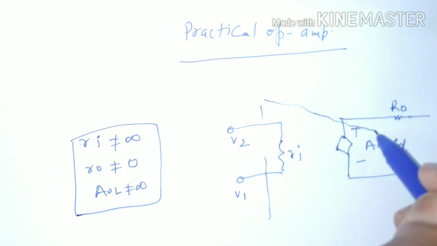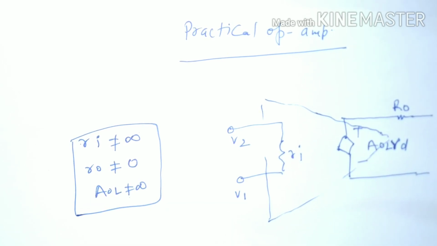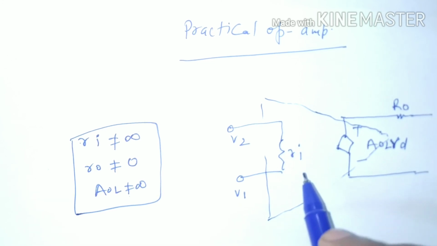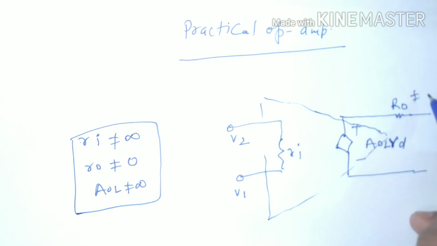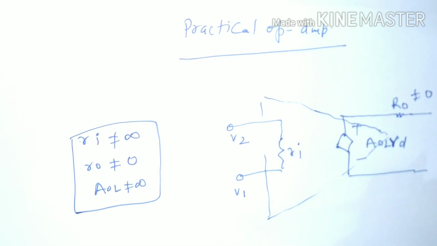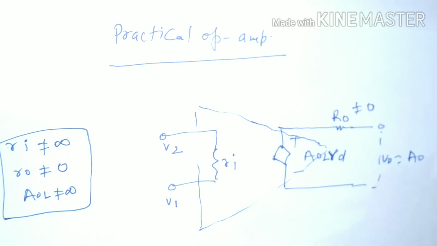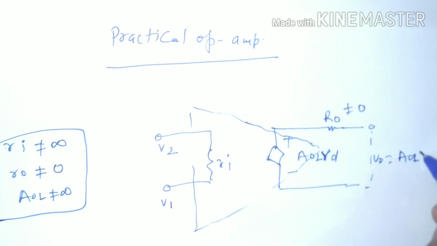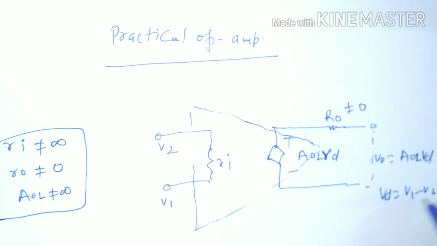So this is the circuit symbol of a practical op-amp. Here the input impedance is not infinite, the output impedance is not 0, and there is a dependent voltage source. The output voltage will be A0L times Vd, where Vd equals V1 minus V2.